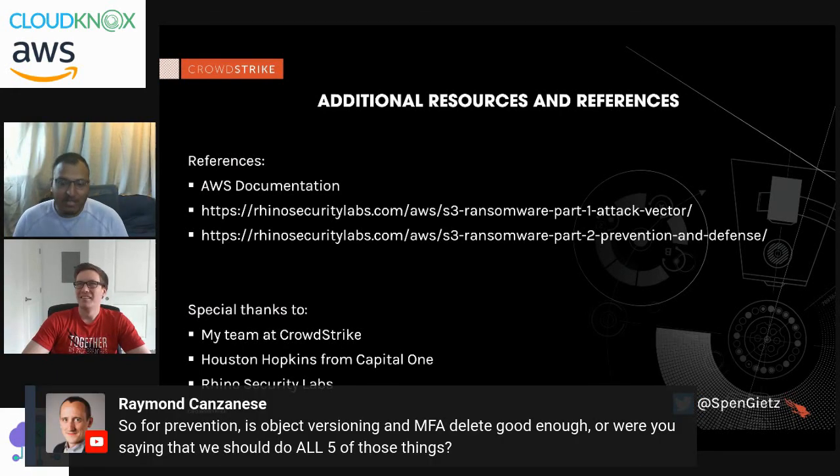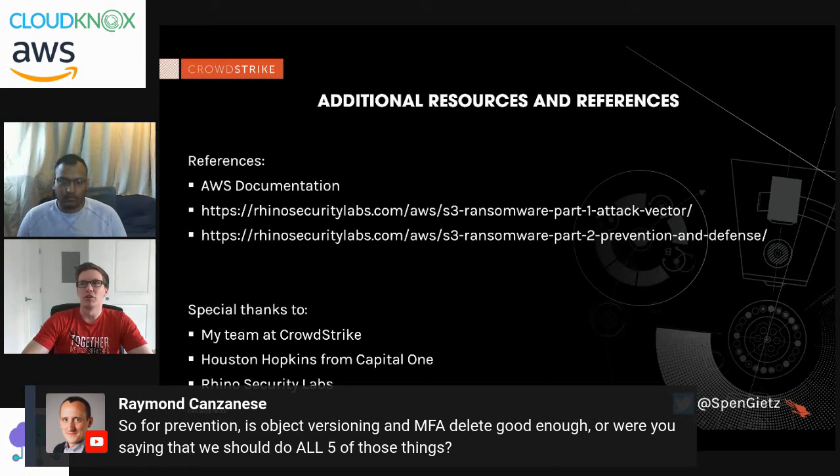Is object versioning and MFA delete good enough, or were you saying that you need to implement all five of those things? I think that object versioning and MFA delete are good for a couple of the methods, but if you think of it like the local encryption method, if you downloaded the objects from the bucket, their threat could be, we're going to release all this data.